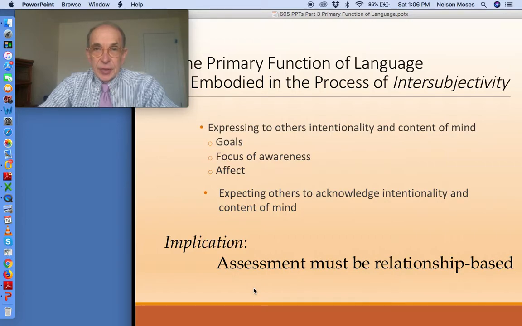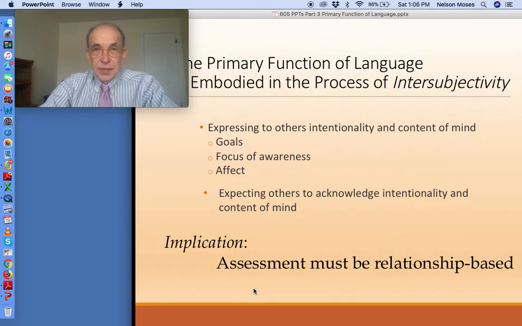That is acknowledged by their listener. Now, with us adults, both the speaker and the listener are in charge of both expressing intentionality and acknowledging the others, because we're adults.